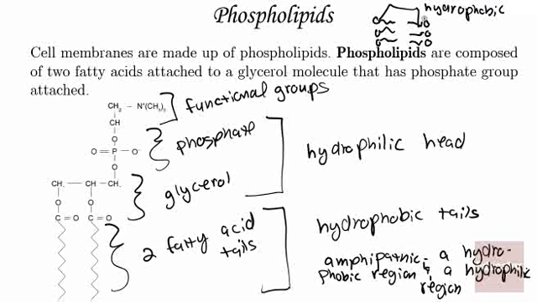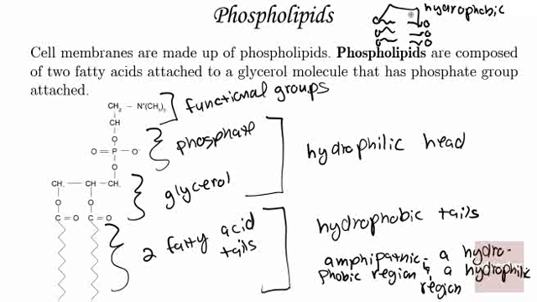The interesting thing about this structure is that it can serve as a barrier, and it does serve as a barrier, so that the cell membrane only allows certain substances to pass through. In particular, hydrophobic substances will pass much more easily through the cell membrane because of this phospholipid bilayer's nonpolar central region.